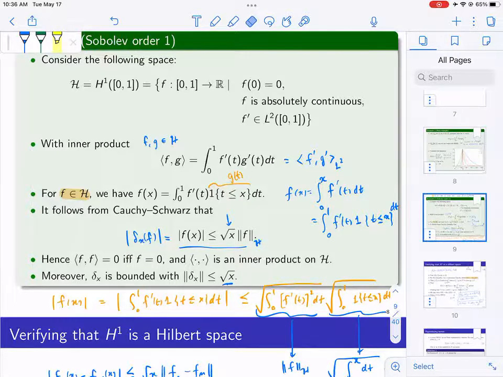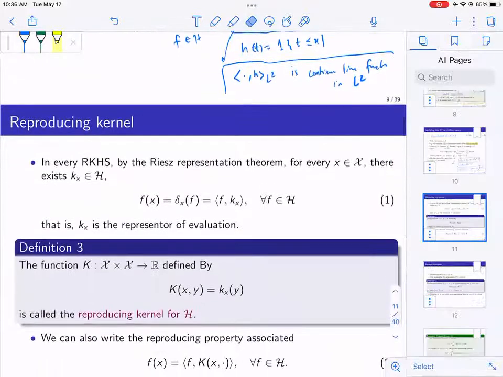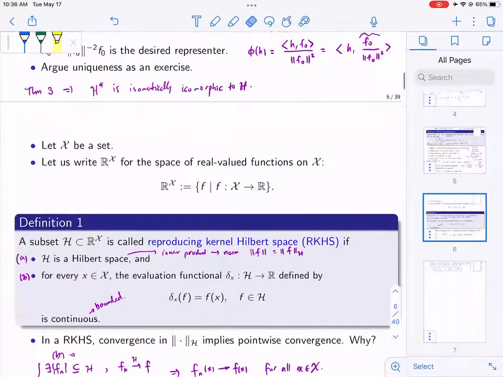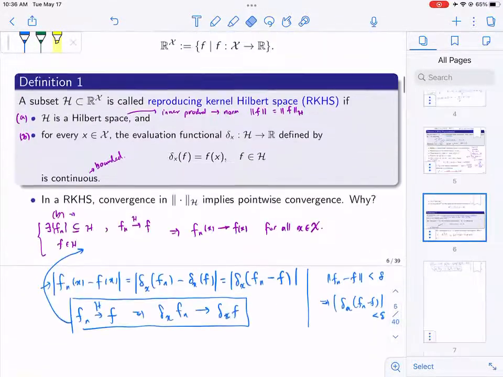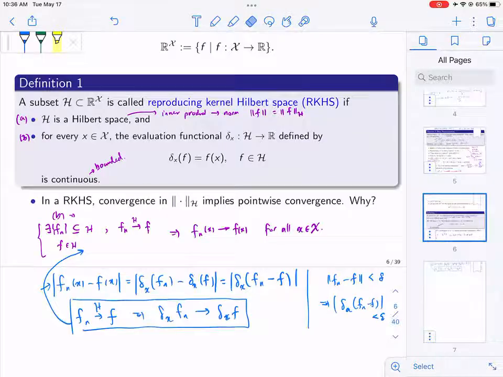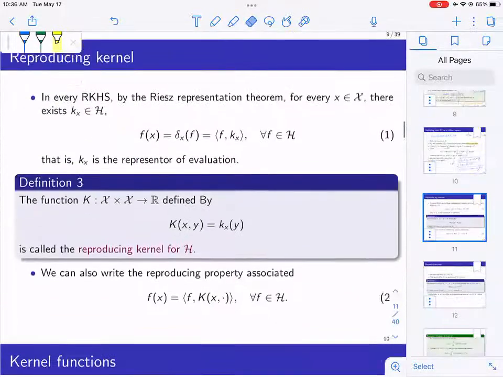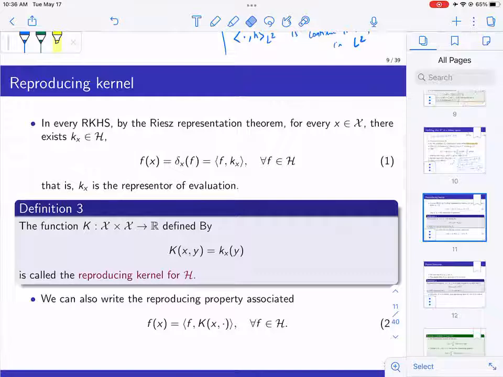So now we have an example. Now let's go to the definition of the RKHS, combining this definition with the Riesz representation theorem. If you have an RKHS, because the evaluation functional is continuous, by the Riesz representation theorem I can write the evaluation functional as the inner product of f with some element in the Hilbert space.